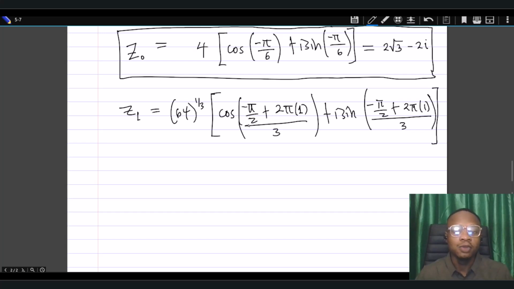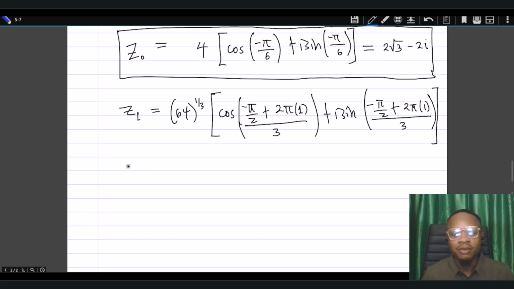Okay, it's 2 pi minus pi over 2, that is 2 minus 1 over 2, which is 3 over 2. And then we have 3 over 2 divided by 3, that is 3 over 6, okay?